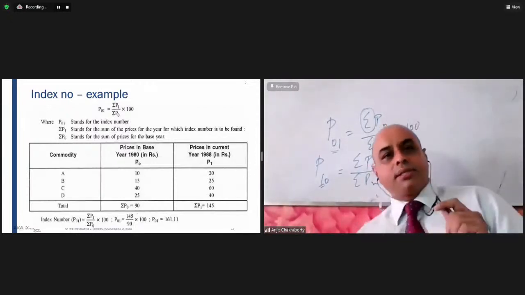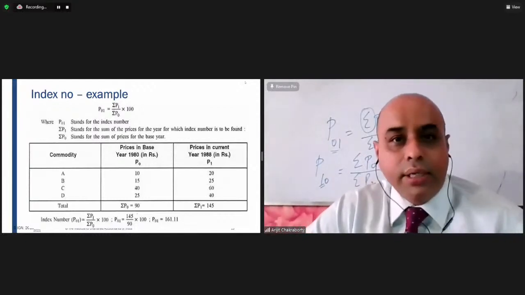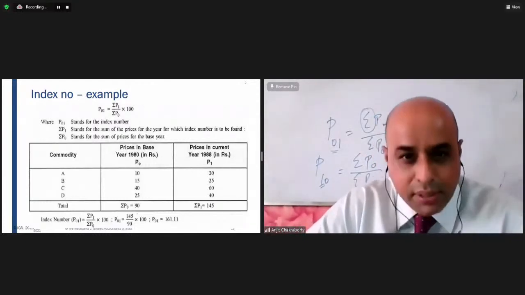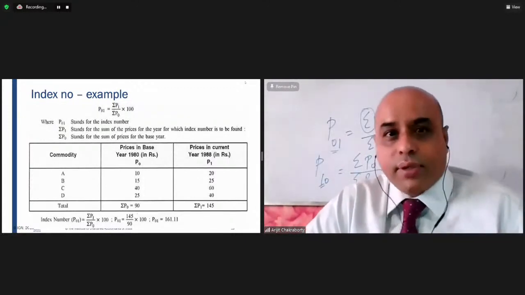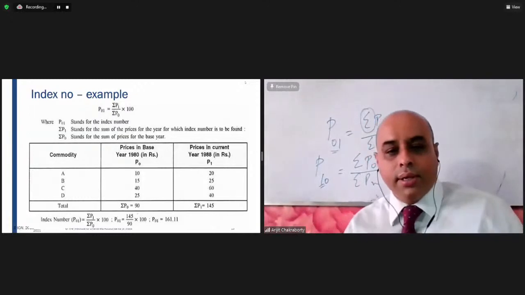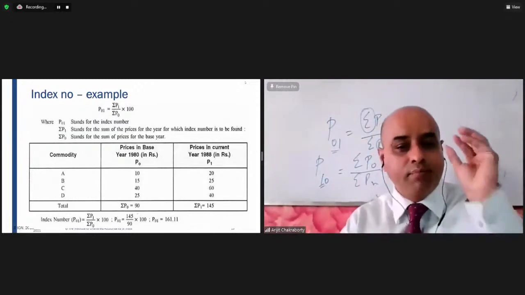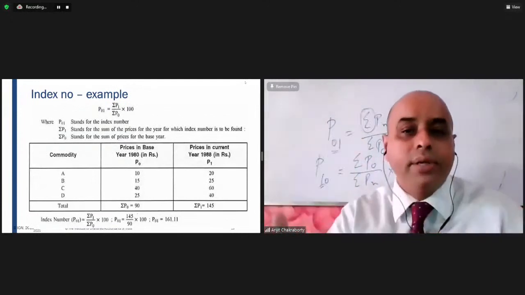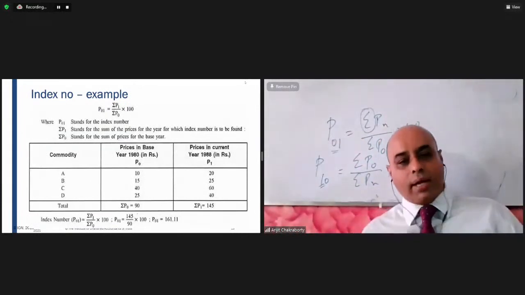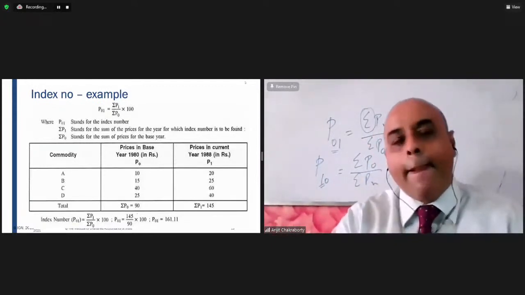Does 161.11 have any unit? Is it in rupees? No. Is it in quantity, for example, in kgs? No. So it has no unit. It's just a number, but the base year is 100. So you can compare and see how much increase has happened in the overall prices for the 4 commodities A, B, C, and D.